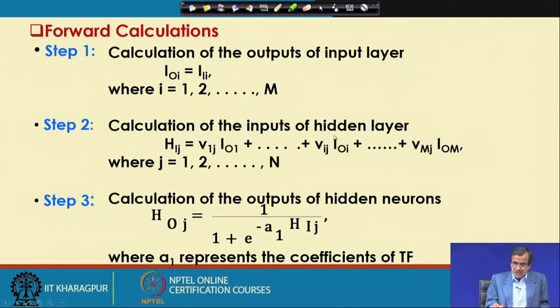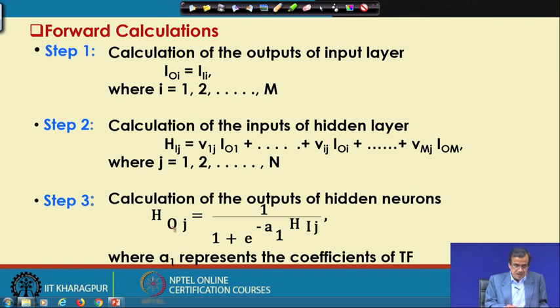Now, once you have got the input of the hidden layer, let us try to find out the output of the hidden layer. It is very simple, because we know the transfer function, that is the log sigmoid transfer function.